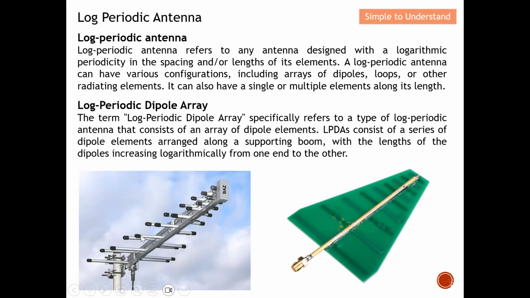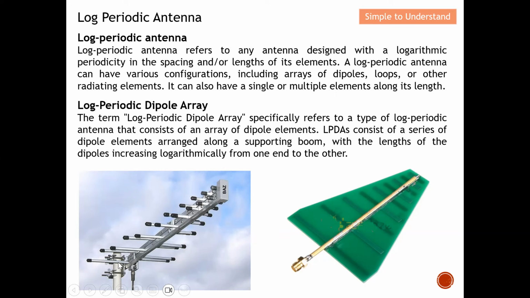You can see that all the elements are connected to the boom at an interval, which is the log periodic spacing. A log periodic antenna can have various configurations, including an array of dipoles, loops, or other radiating elements. It can also have a single or multiple elements along its length.